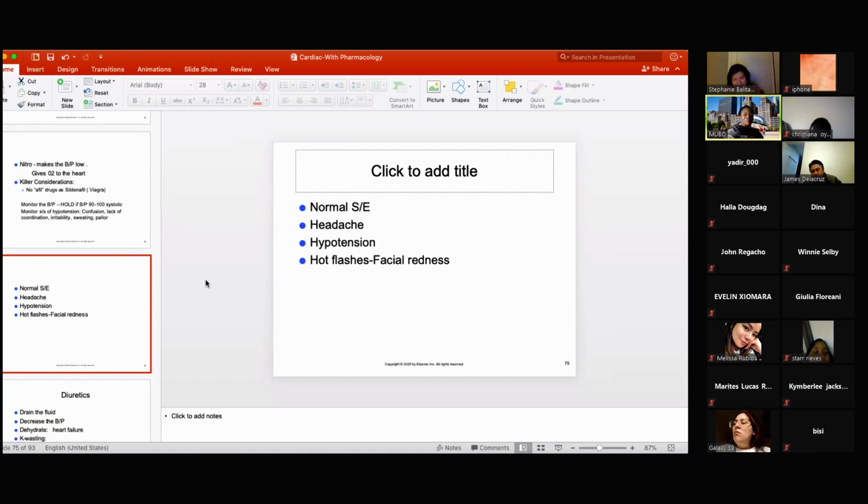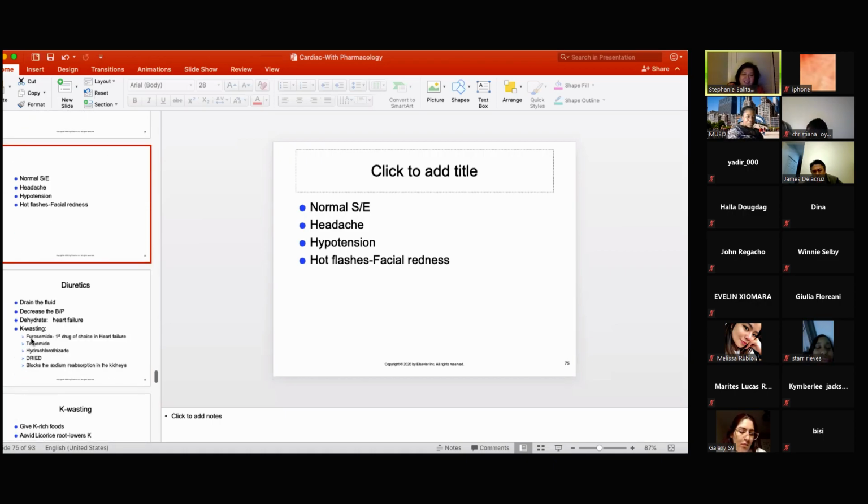It's expected that you'll get a headache. It's expected that your blood pressure will drop. Sometimes you could see facial redness too. You're not going to do anything about it because it's an expected side effect. Okay, thank you.